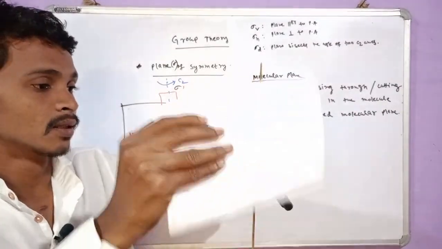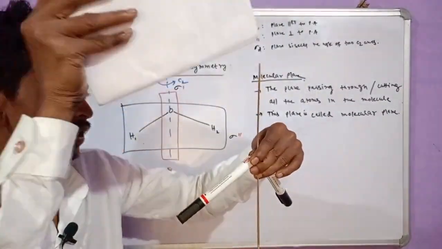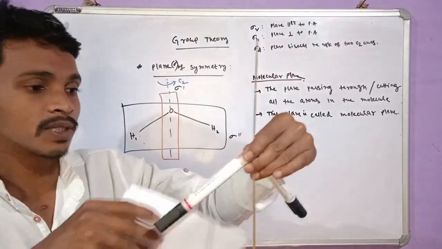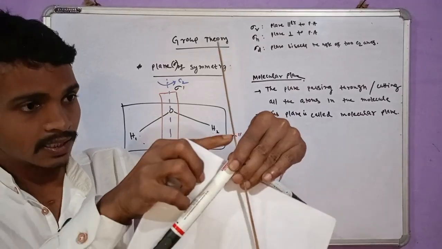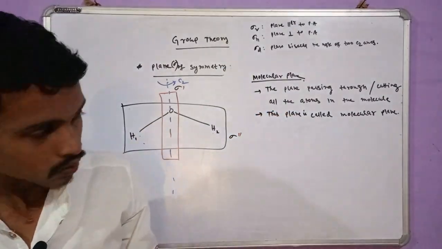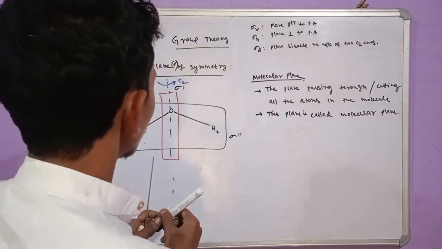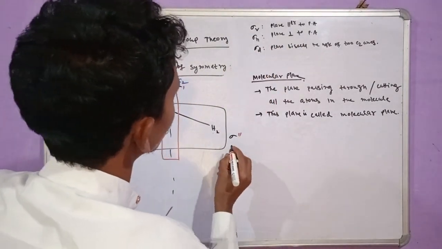Since this plane is cutting all the atoms, it is parallel to the principal axis. So if it is parallel to the principal axis, then this is not sigma h.